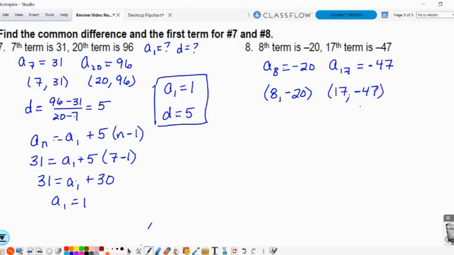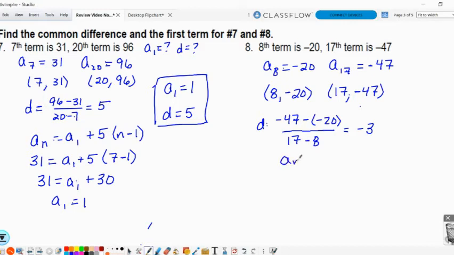And then we just need to carefully calculate our slope. So we'll do -47 minus -20 over 17 minus 8. And that gives us a common difference of -3.